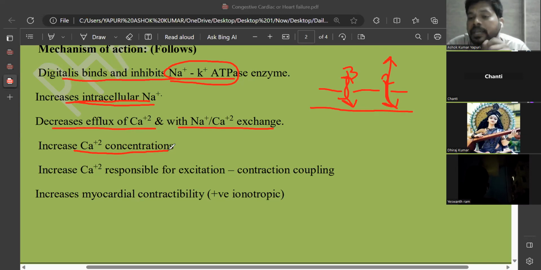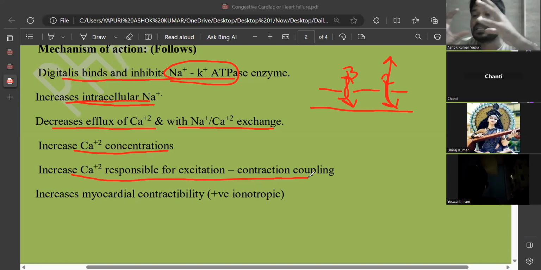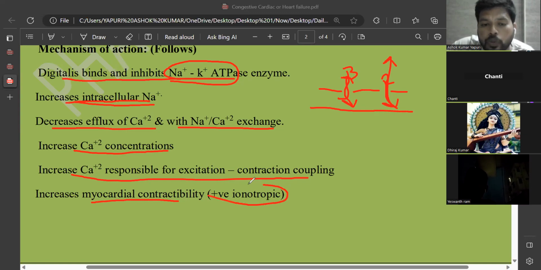So what is the cell here? The cardiac cell, the myocardium cell. And increased calcium is responsible for excitation contraction coupling. So when calcium increases, excitation contraction coupling increases, which leads to contraction of the myocardium. That is positive inotropic action, meaning the force of contractions increases.